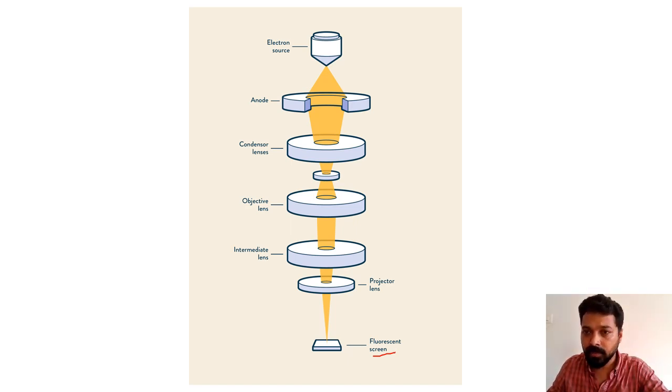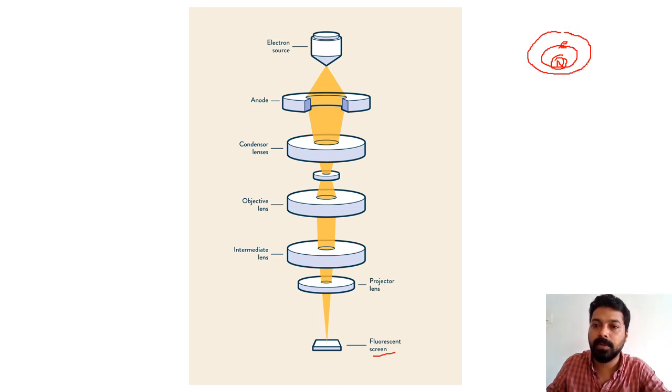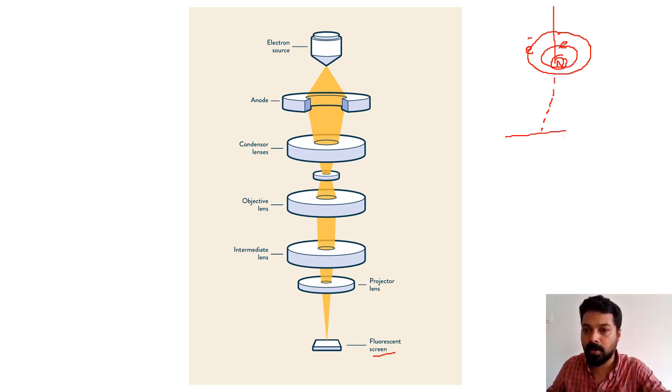Suppose there is a nucleus, and there are certain electrons revolving around the nucleus, and sometimes the incident beam can fall onto the nucleus. If it falls onto the nucleus, it will be transmitted without much angle, and it will fall on the screen.